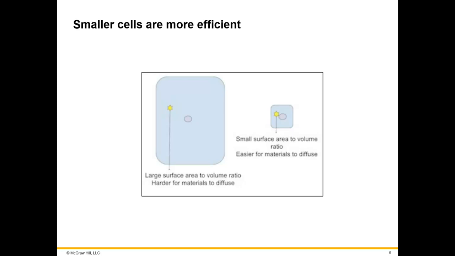One way we could think of this, when we're trying to make sense of why large cells are just not as efficient: you could imagine if you're trying to deliver a message to a specific area within a building.